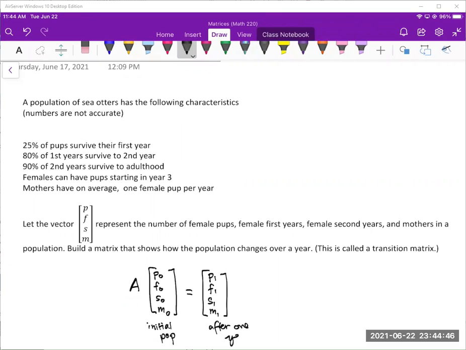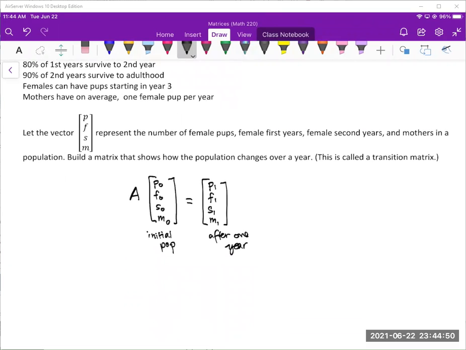All right, and we know to build a matrix that the columns are going to be determined by looking at A times 1, 0, 0, 0. This will be our first column. A times 0, 1, 0, 0, our second column.